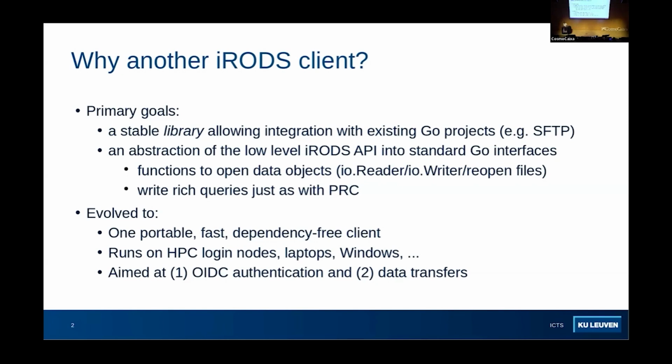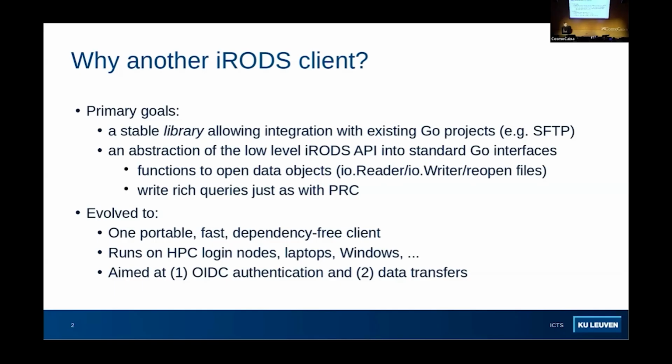The second goal evolved into a full-fledged CLI client. It's written in Go, so it's portable, it runs on any system, and it has no dependencies whatsoever. A researcher can use it everywhere: on HPC login nodes, on laptops, and even on the Windows operating system without having to install WSL.